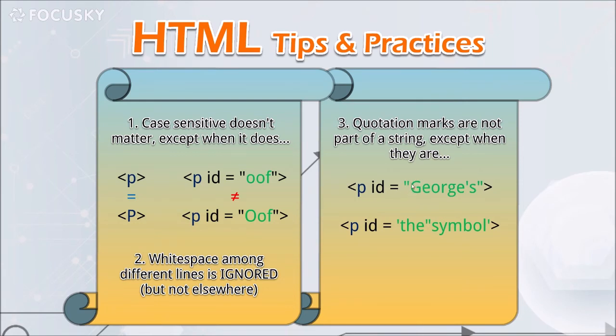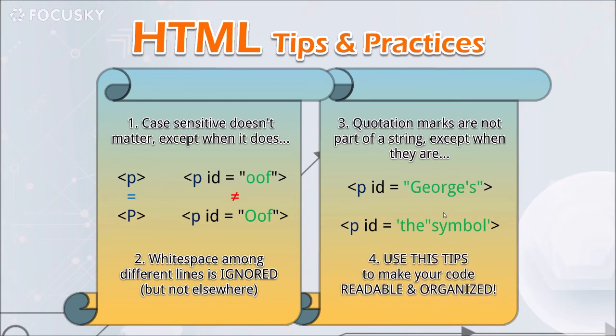You can write the value of your attribute between double quote marks or between single quote marks according to your needs. If the string of your attribute has a single quotation mark, then you would want to put it in between double quote marks and vice versa. You should use these tips to make your code readable and organized. They are absolutely a must, in my humble opinion.